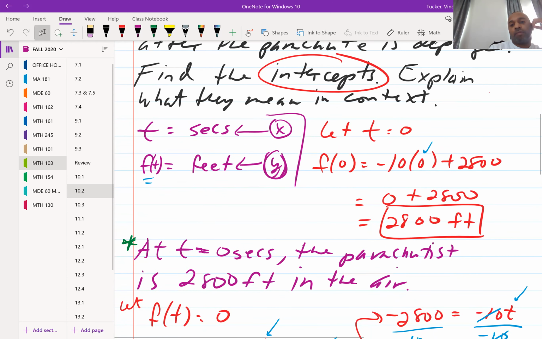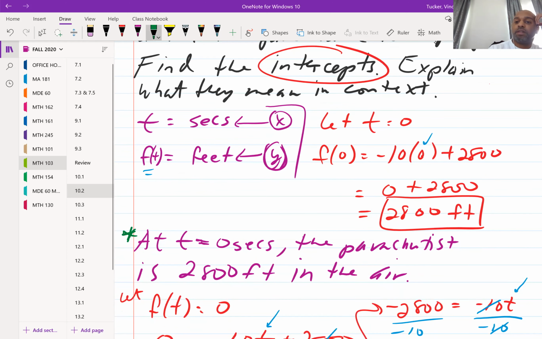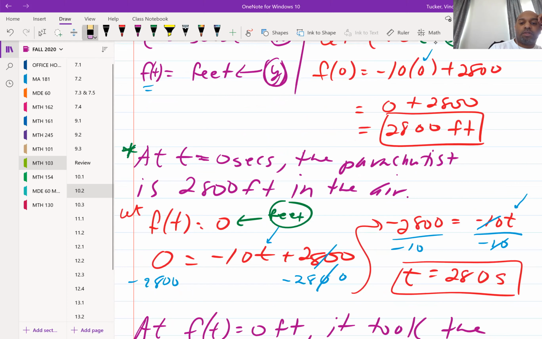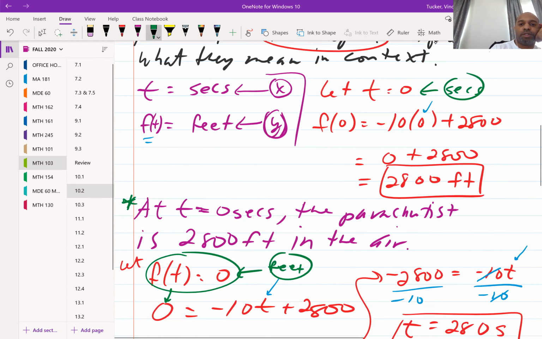Now the next one. That was seconds being 0. The next one we're looking at is feet being 0. Here you let f of t be equal to 0, so you plug it in right here. Because remember, we're still using this function right here.